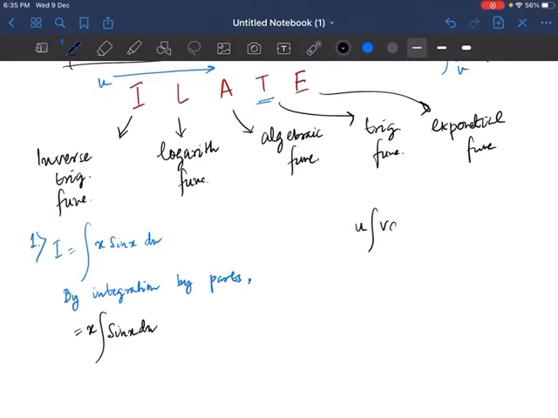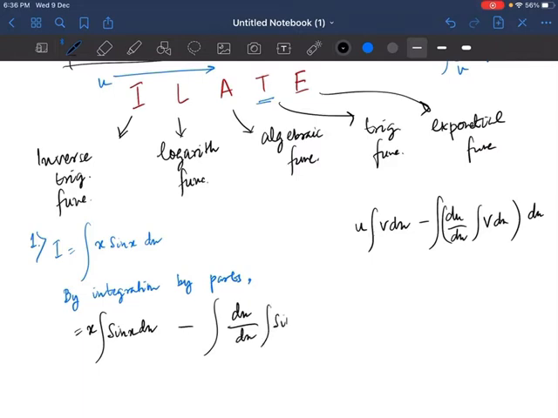U integration of v dx minus integration of du dx integration of v dx, then the entire thing dx. Clear? So here x integration of sin x dx minus integration of differentiation of x, du dx, then integration of sin x dx, then the entire thing dx. So this is what we have.